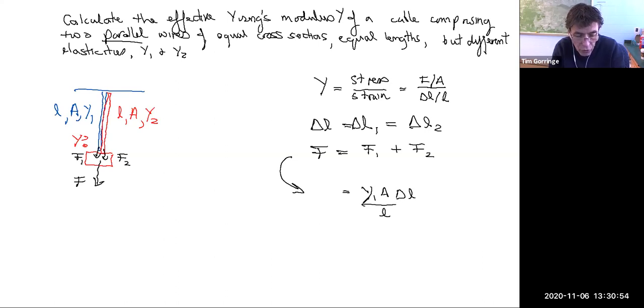That force is equal to the Young's modulus multiplied by the cross-sectional area, multiplied by the elongation divided by the length of that wire. If I substitute for the second force on the right-hand wire in terms of the Young's modulus, the area, the length, and the elongation of the wire, I get the following.